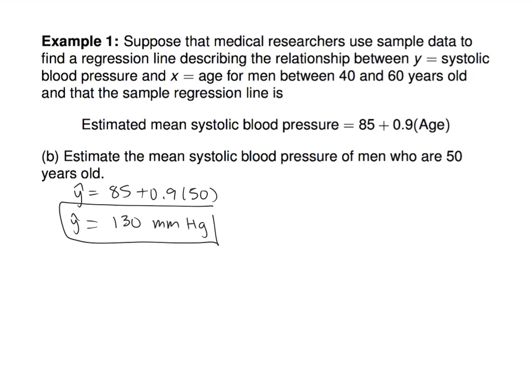So this is the average systolic BP of men who are 50.